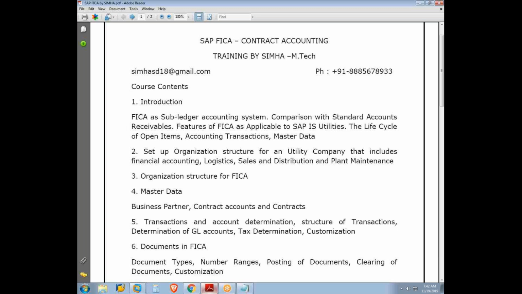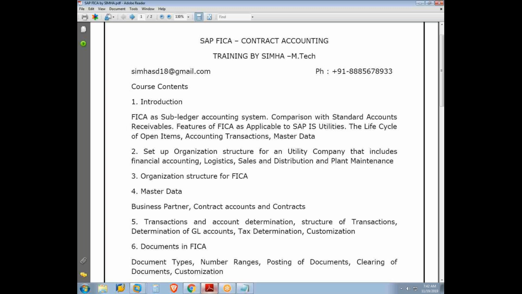So here what we are going to do is post a FICA document through various sources without referring to a contract. Initially, we will understand what kind of transactions you can post into FICA, then the definition of main transaction, sub-transaction, account determination, tax determination. We will set up the basic settings and prepare some documents posted to FICA directly, like sundry receivables or other receivables.